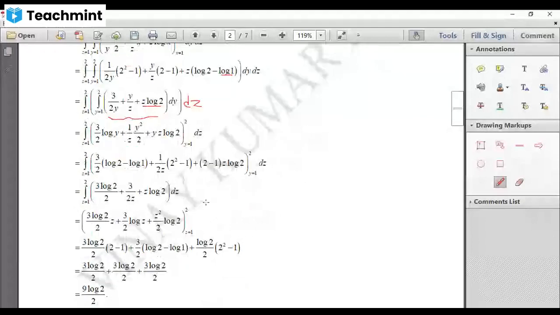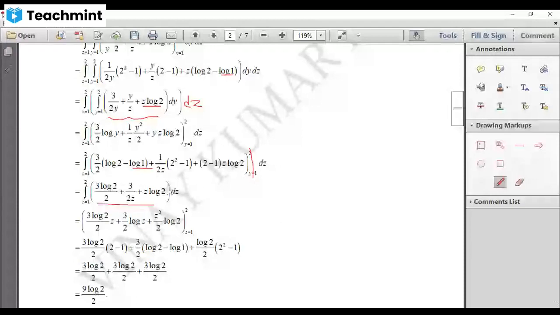Now log 1 is 0, so simply 3 log 2 by 2 is remaining, plus 2 square minus 1 is 3 by 2z, 2 minus 1 is 1 into z log 2. So now after substitution of the limit, your y has been replaced. Now this function contains only z, so we can integrate this with respect to z.